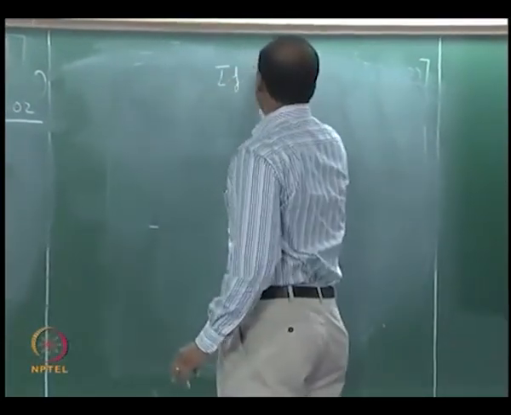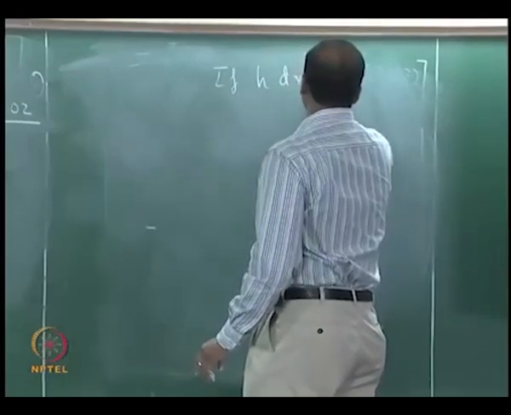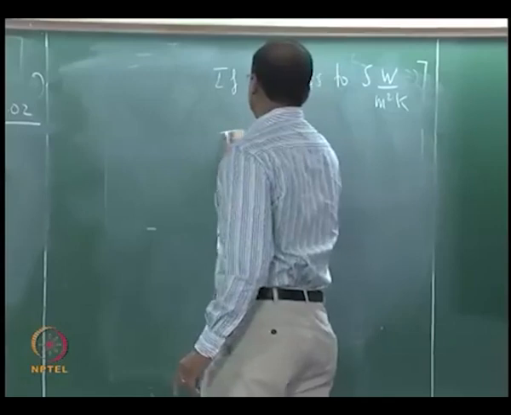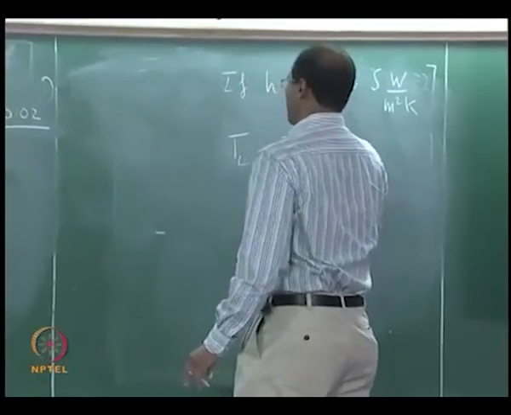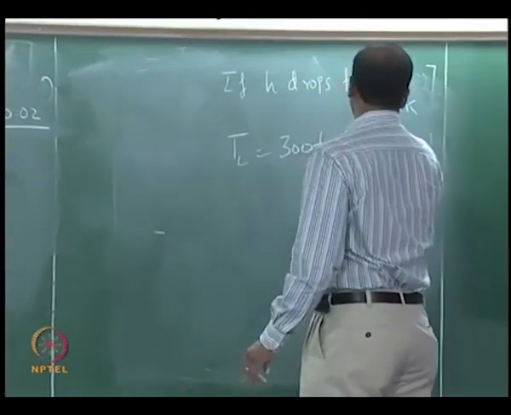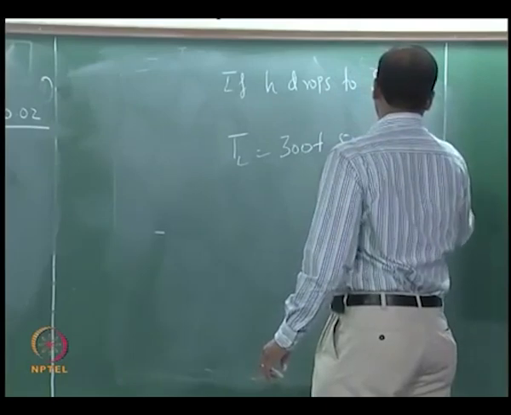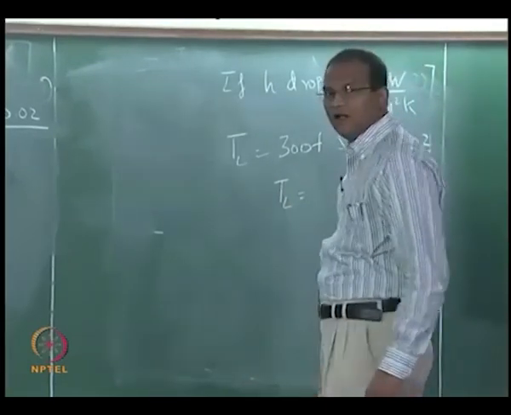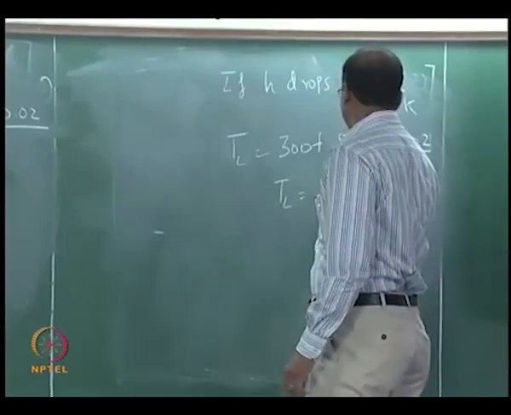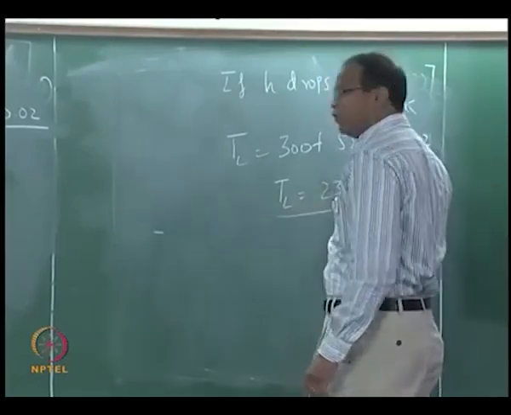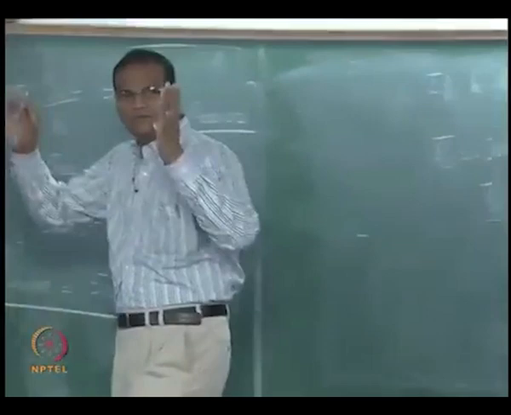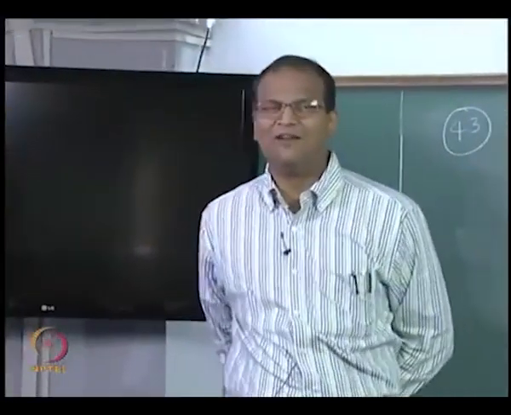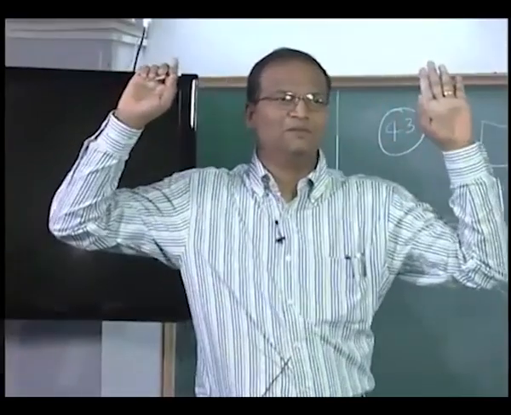If h drops to 5, how much is TL? What will happen to the fuel rod? Do not worry about the one dimensional governing equation inside the rod, at the surface itself it goes up.